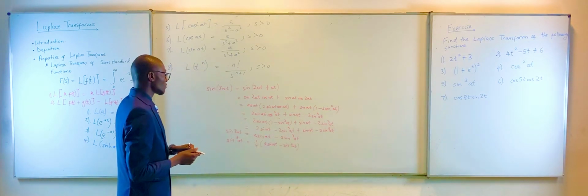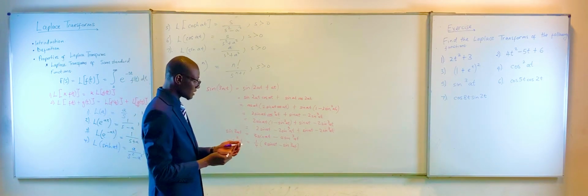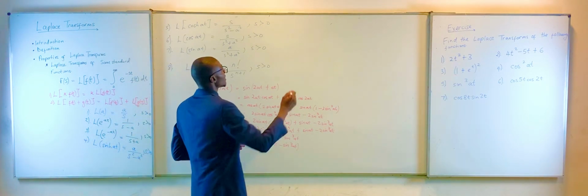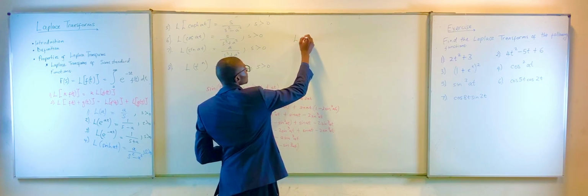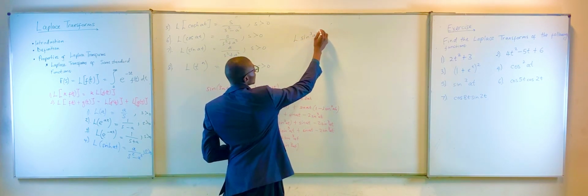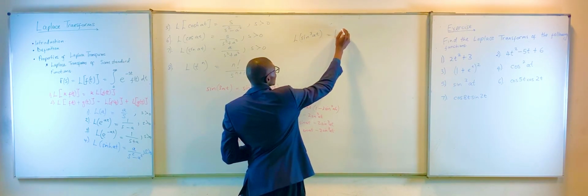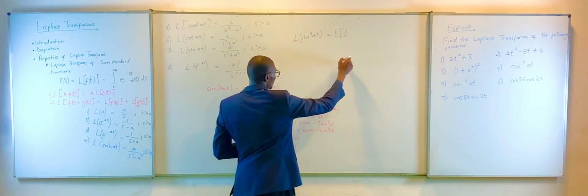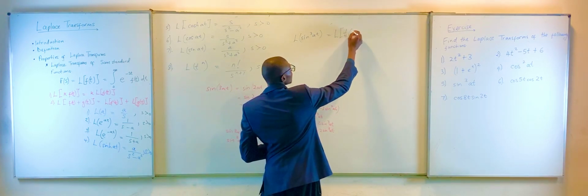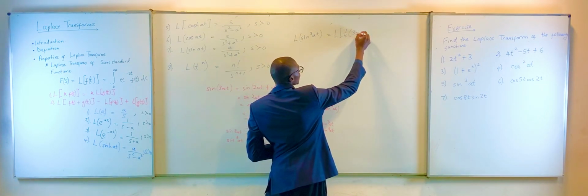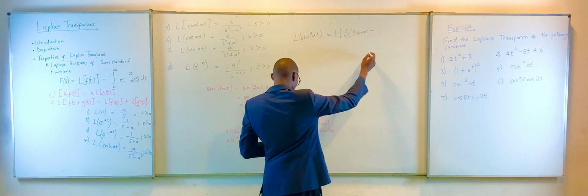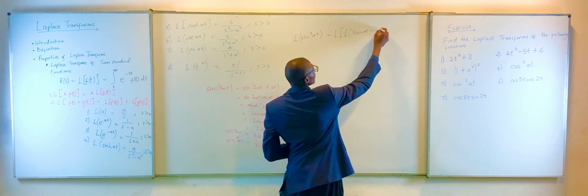Like this. So this is the identity that we need, such that we're saying that the Laplace of sine cubed at is equal to the Laplace transform of 1 over 4 of 3 sine at, minus sine 3at.